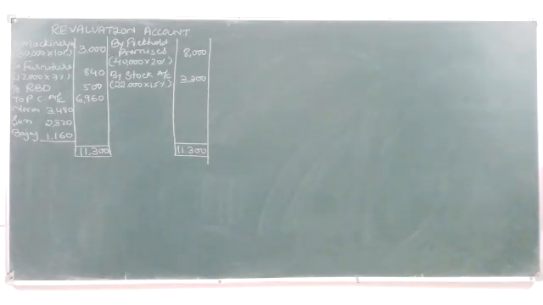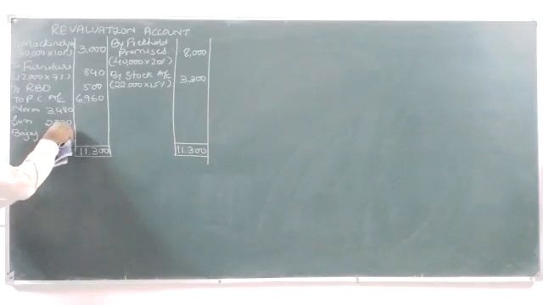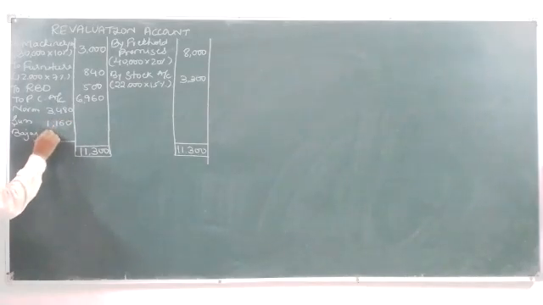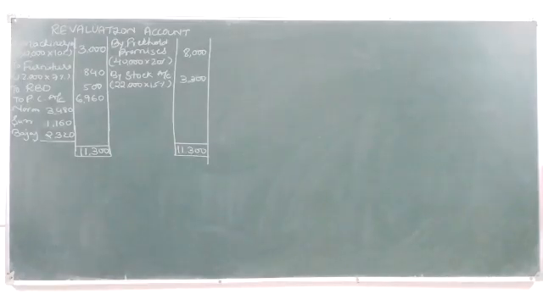Oh yes, sorry. I have interchanged the amounts. This has to be 1160 and this has to be 2320. Right. 1160 and 2320.